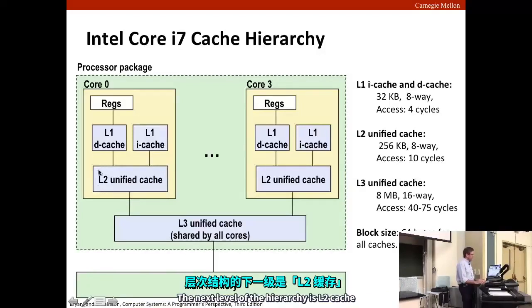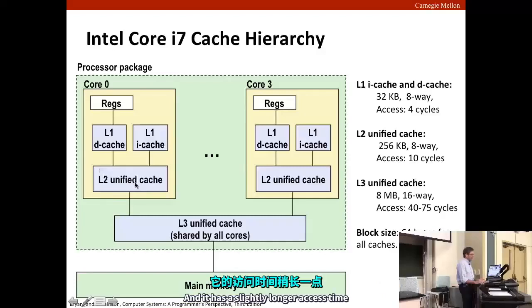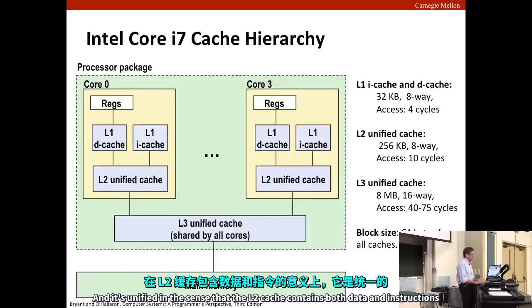The next level of the hierarchy is an L2 cache, which is still fairly small, 256K bytes, same associativity, and it has a slightly longer access time. And it's unified in the sense that the L2 cache contains both data and instructions.